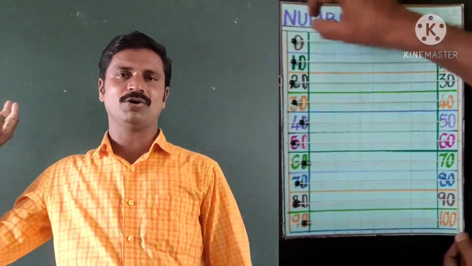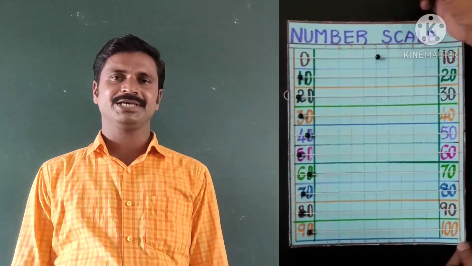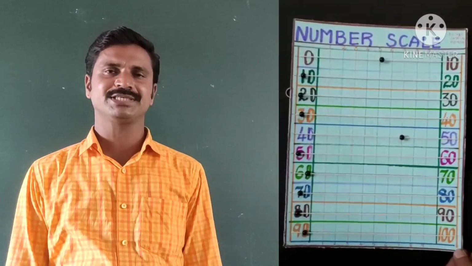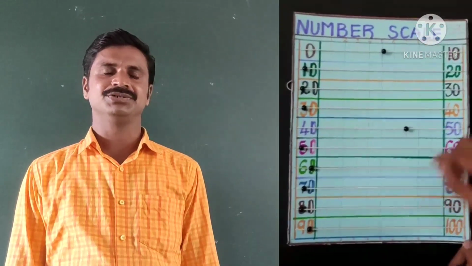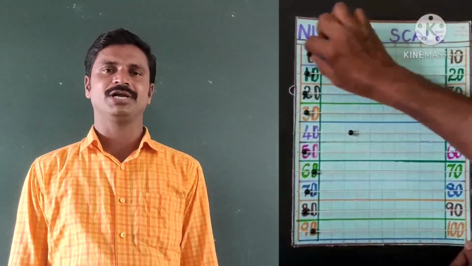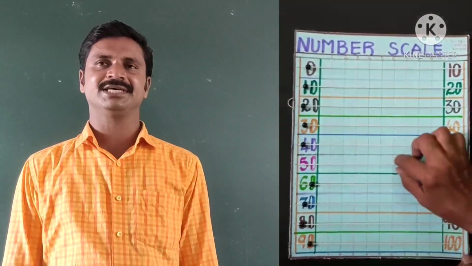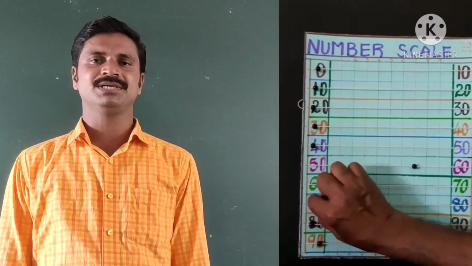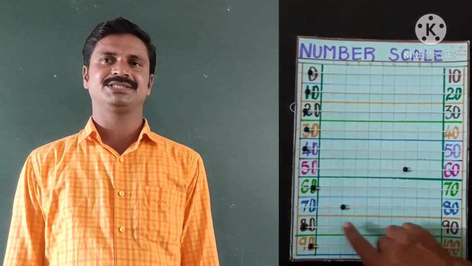You don't go outside. Okay children, in our last class, what did we discuss? Very good. We learned about 3-digit numbers and the place values of 3-digit numbers.